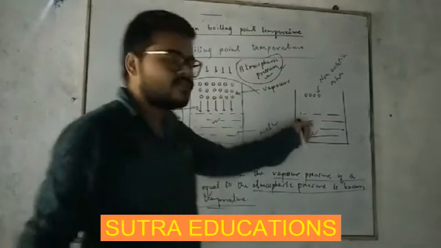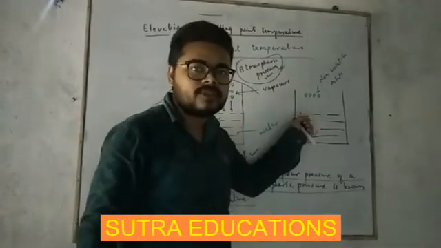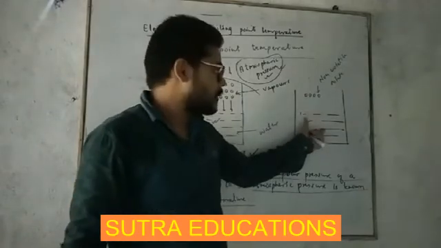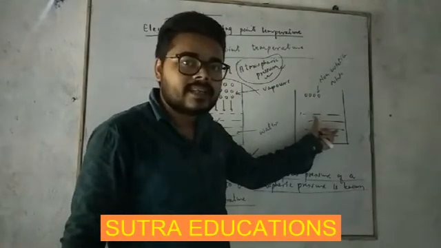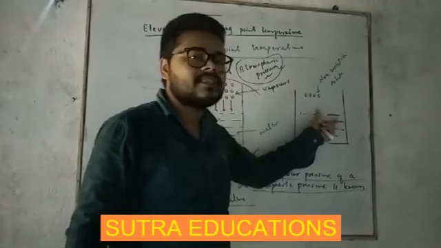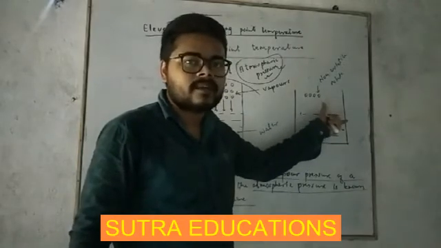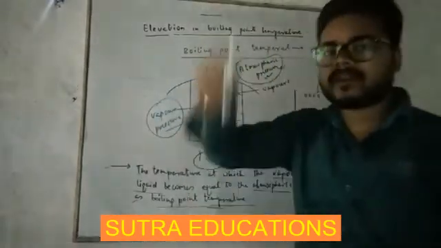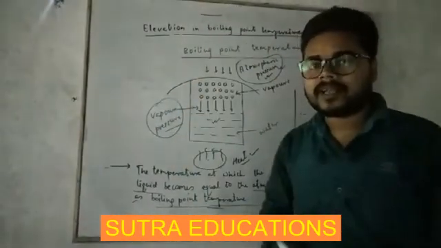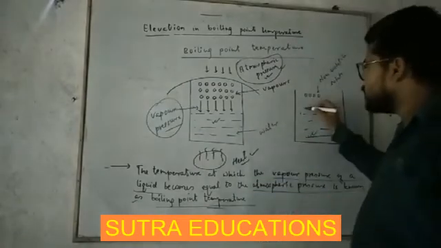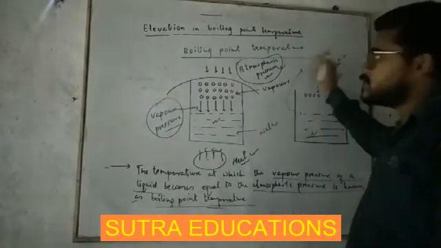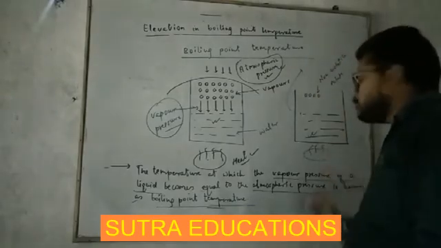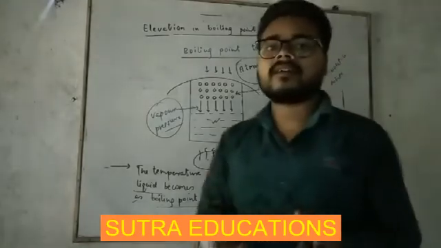But in this case, we are adding some non-volatile solute. So, just because of the non-volatile solute, its evaporation will decrease, and if its evaporation decreases, less vapor will start forming, and if it is forming less vapor, less vapor pressure will be exerted, and for this lesser vapor pressure to become equal to the atmospheric pressure, we have to heat this more and more, so that more vapor pressure will form.